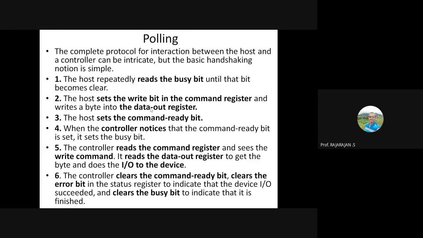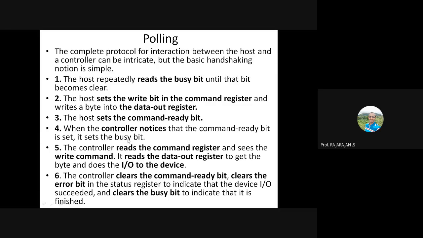It has to first set the write bit in the command register to indicate that it wants to write, and secondly it has to push the data into the data out register, and after that it sets the command ready bit. Now the controller notices that the command ready bit has been set by this particular device. It immediately sets the busy bit so that no other device will interfere till the completion of this particular transfer.